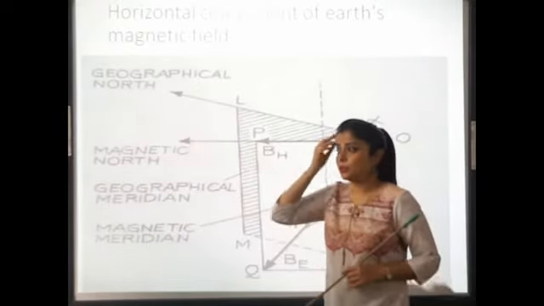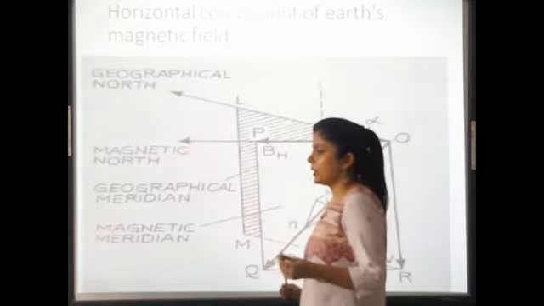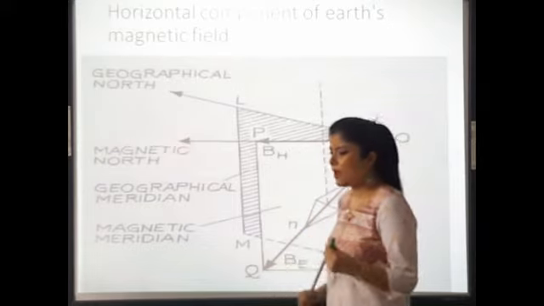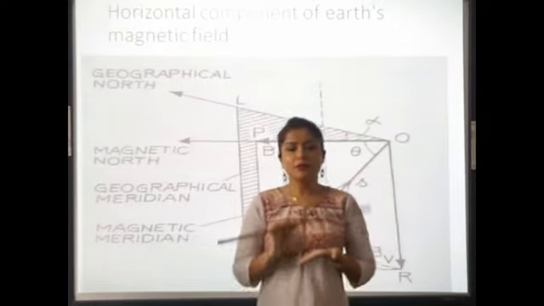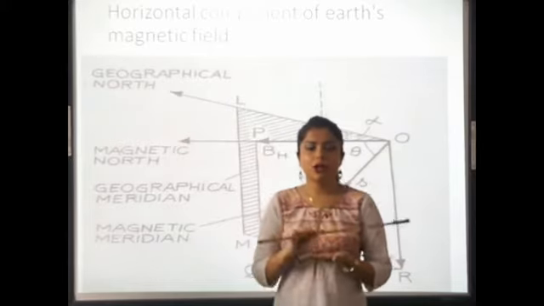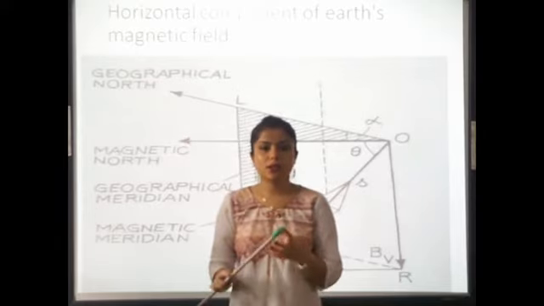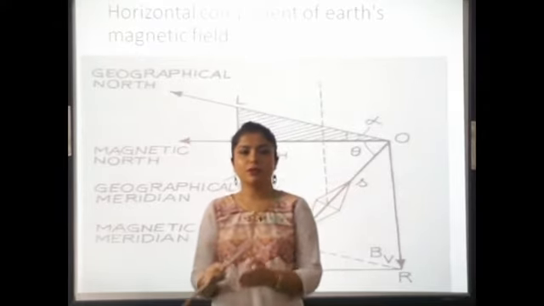The last and third component of Earth's magnetic field is the horizontal component of Earth's magnetic field. Now I have told you, magnetic field is perpendicular at the poles, parallel at the equator. But at any other place on the Earth, it has got some different angle.